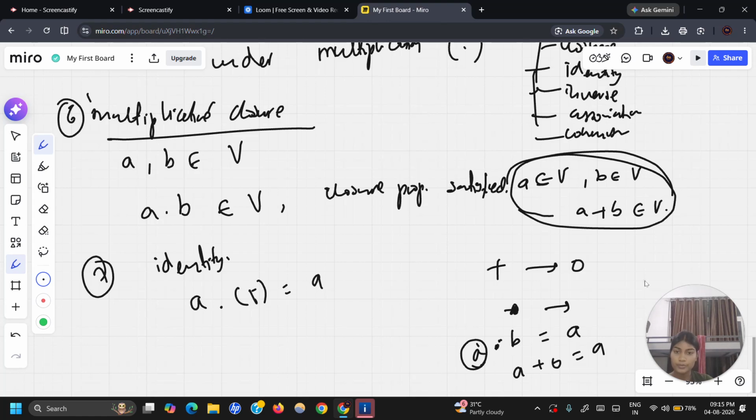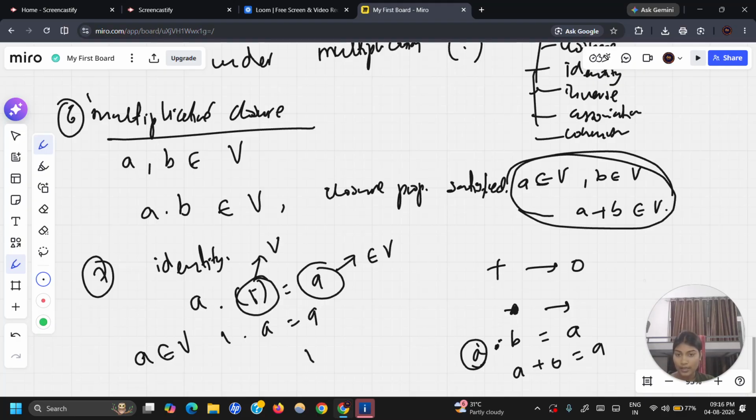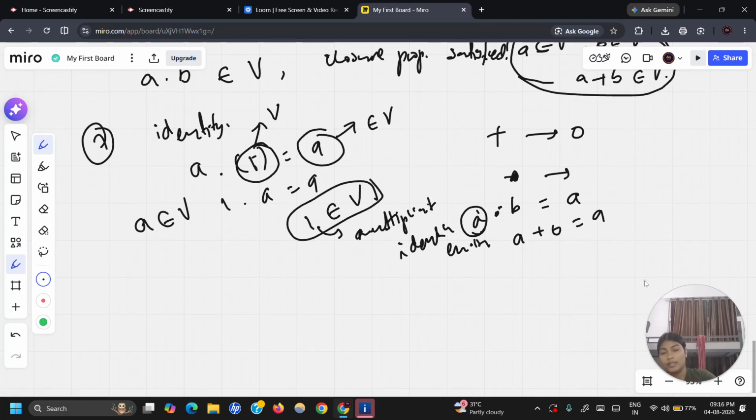One. True? Yes. So either way also 1 into A equals A. Since A belongs to V and this resultant also belongs to V, that means whichever we multiplied should also belong to V. That means 1 belongs to V. So multiplicative identity exists, right?